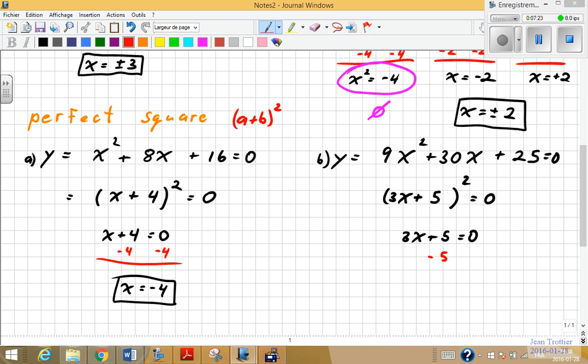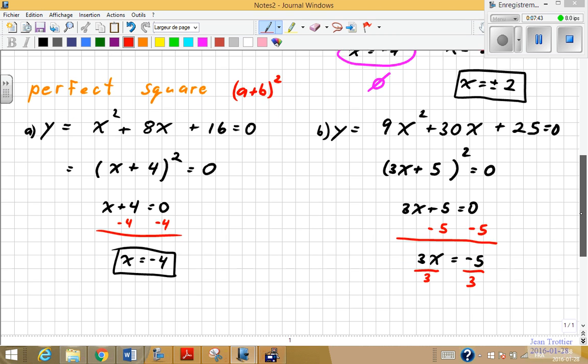We start by canceling the 5 on the left by making it 0. 3x, nothing happens. 5 minus 5 is 0. We're left with minus 5 on the right. Then we divide by 3 on each side.